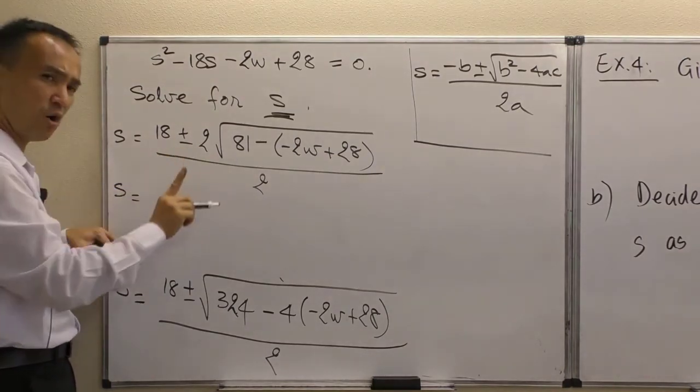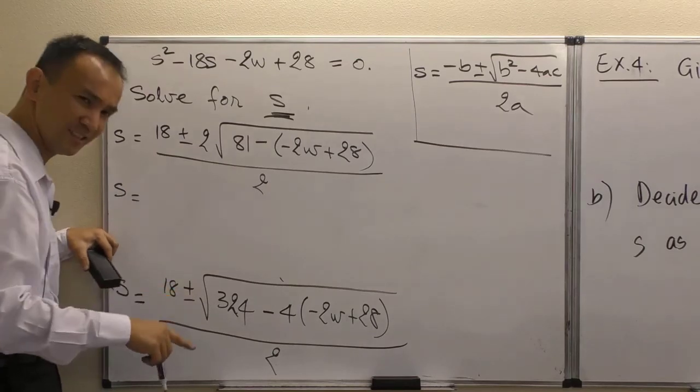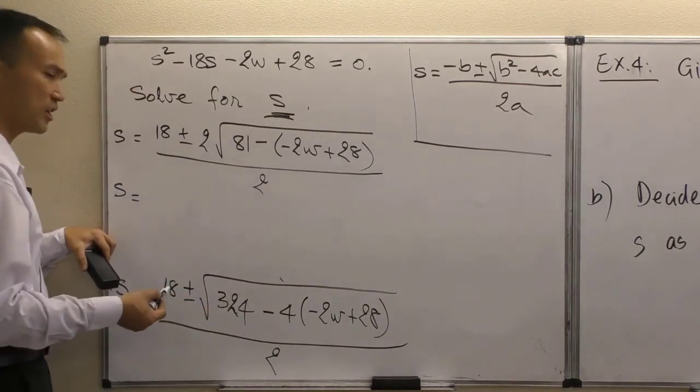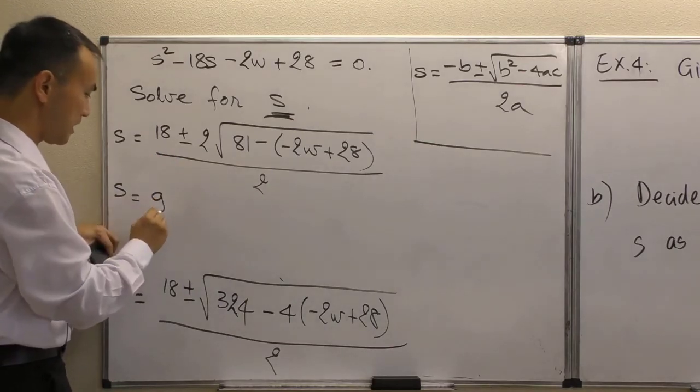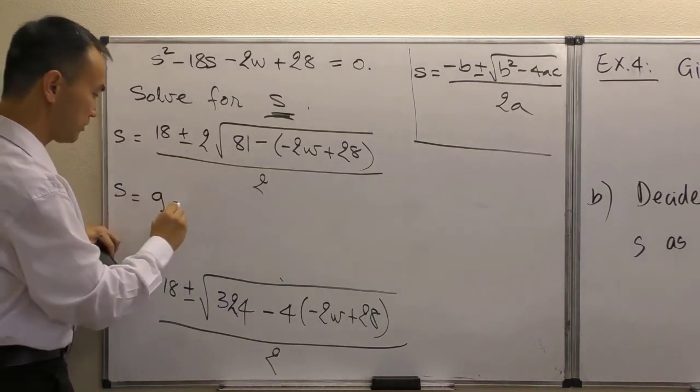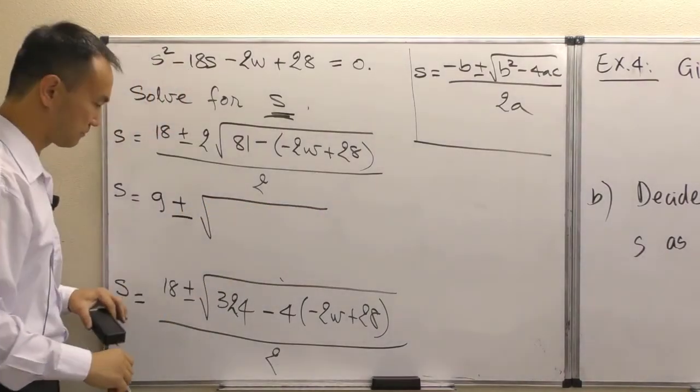But notice, since the earlier steps, we've been stuck with that plus and minus, and it will come to a final decision point. So 18 cancels with 2 to give me a 9. The 2 cancels with 2, so now it's just plus and minus one single square root, no more denominator.